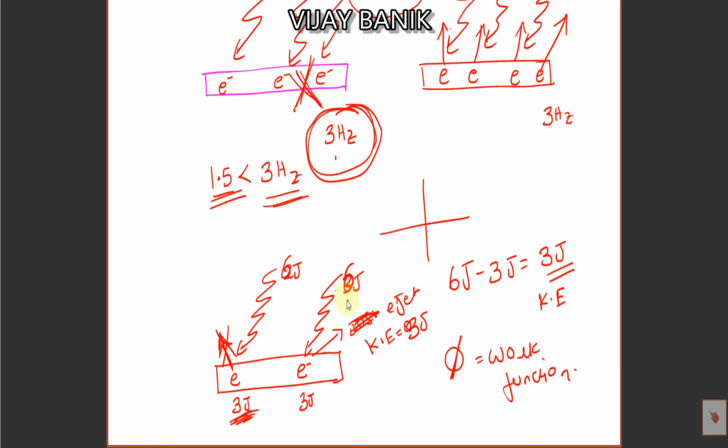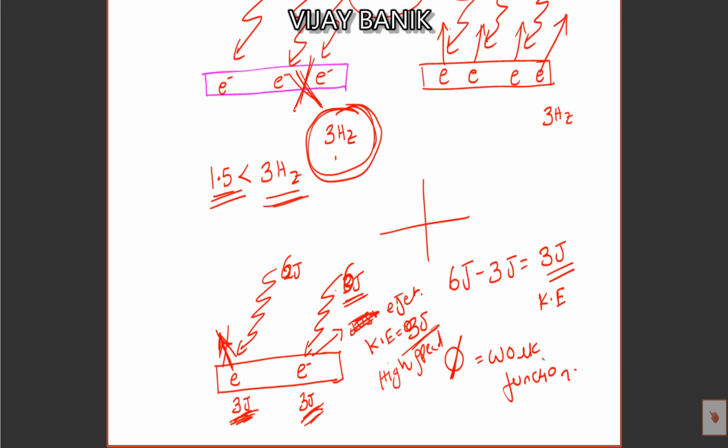But if the photon has energy more than work function, the electron will eject and also move at very high speed, because it has extra 3 joules of kinetic energy in this particular case. I hope you understood this.